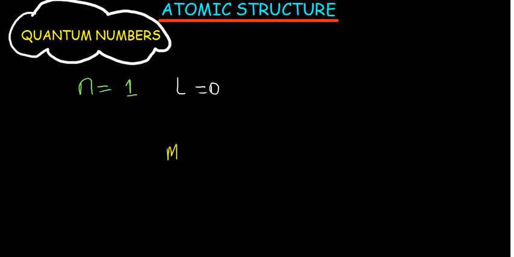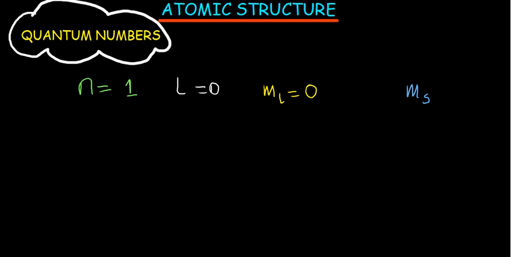Now you need to know that ML is just a number between negative L and positive L. So if L is 0, ML will also be 0. I'm not putting any electron here, so I can't determine the electron spin, which is ms. That is the fourth quantum number. We have 4 quantum numbers. I've not seen any electron inside, so I'll just put ms there.